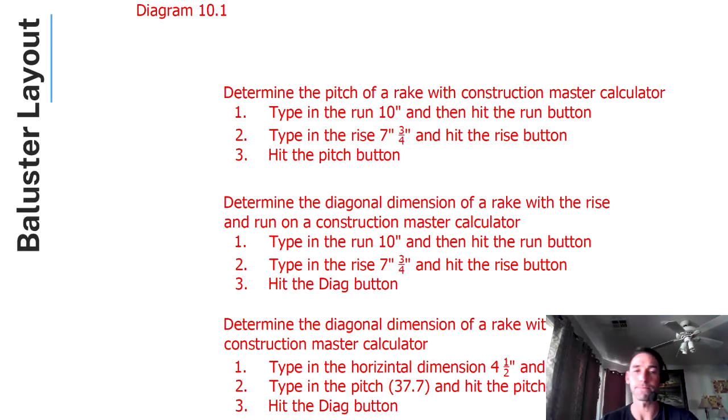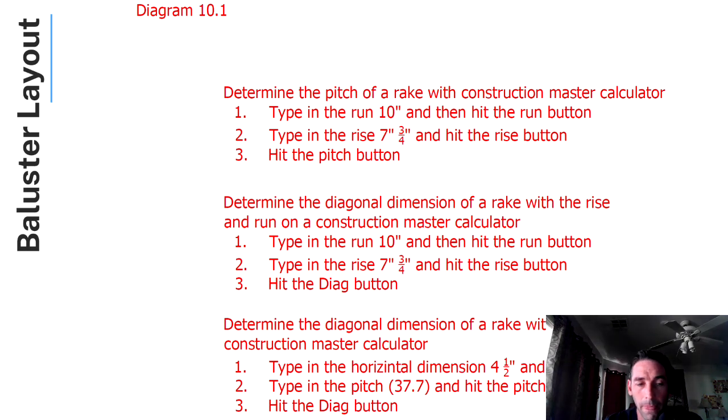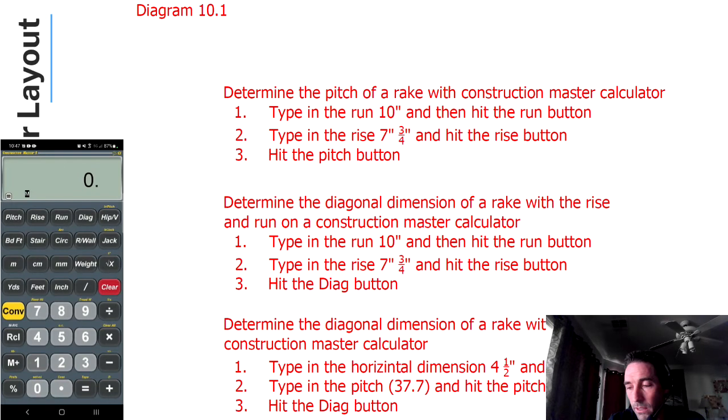37.78. Okay. Now, determine the diagonal dimension of the rake with the rise and run. If we got that same information, we don't even need the pitch, but we could use the pitch. So we're going to type in 10 inch run. Okay. Now I need the rise, so I'm going to type in 7 inch 3/4 rise.